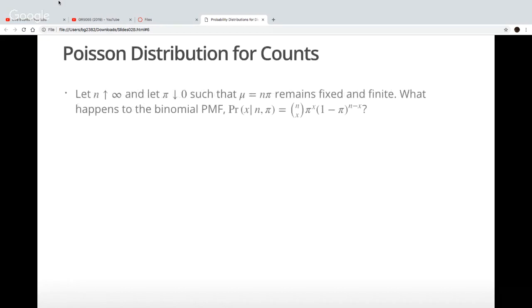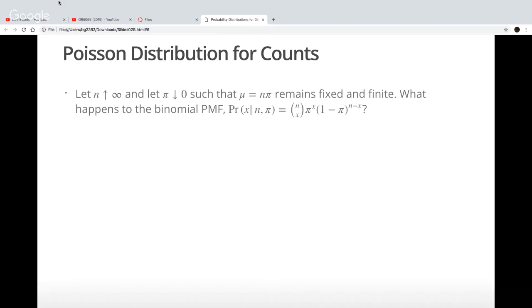So now let's learn about another distribution. What if we let n, the number of trials, go to infinity? Well, if we fix the success probability and let the number of trials go to infinity, we're just going to have an infinite number of successes. And that's not so interesting.